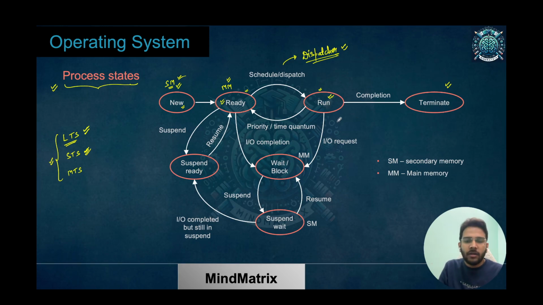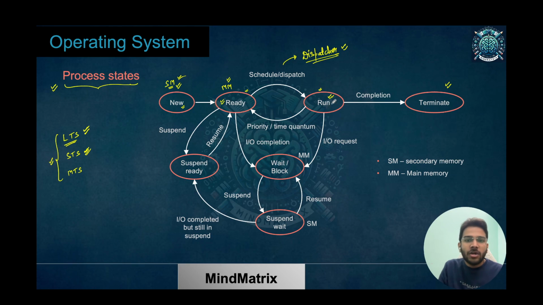But sometimes there may be a case when your process needs to perform some input output operation. Yes, possible. Let's say your process wants to access a printer or store some information in the memory. So input output operation is required by that process.